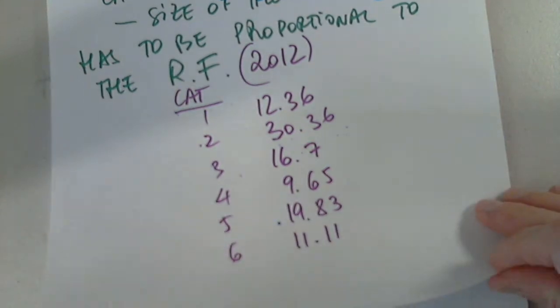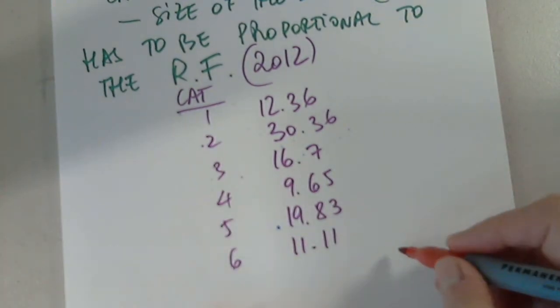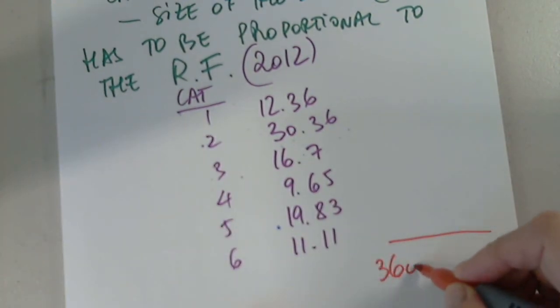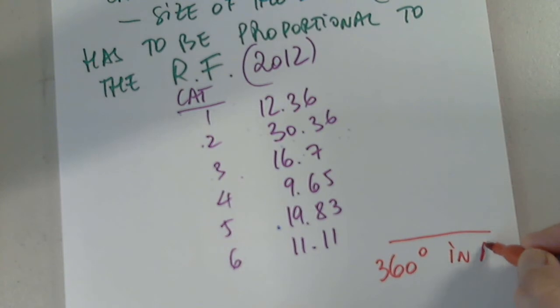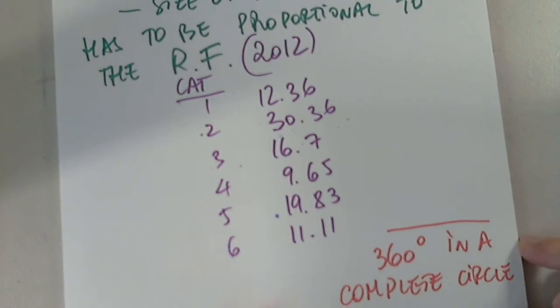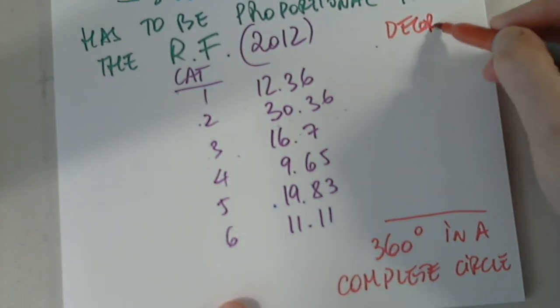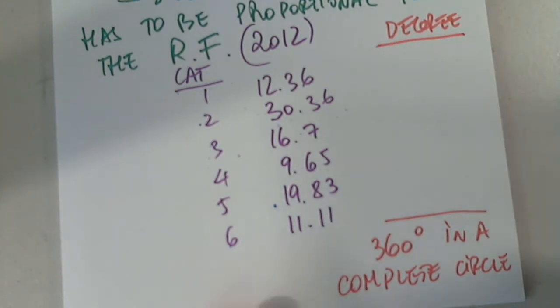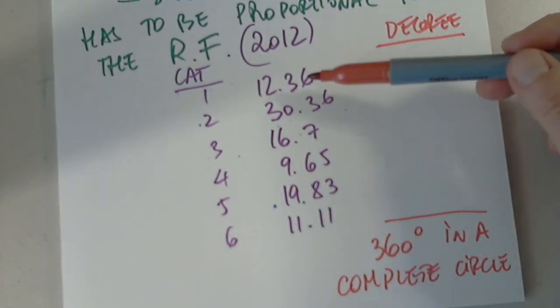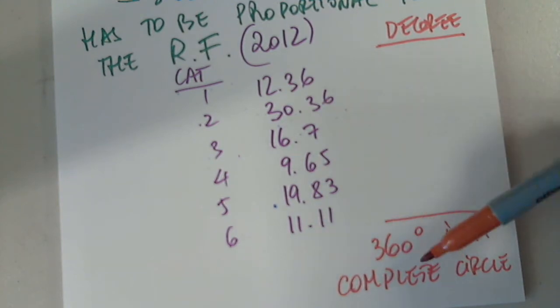We can be as exact as possible. We know that there are 360 degrees in a complete circle. So the degree of the angle, we can compute as 12% of 360 and 30% of 360 and 16% of 360, and so on.